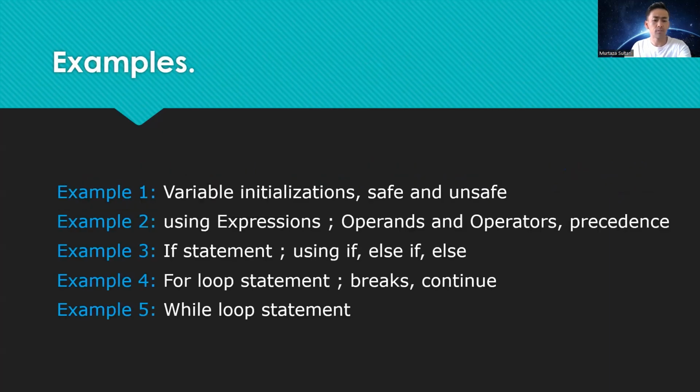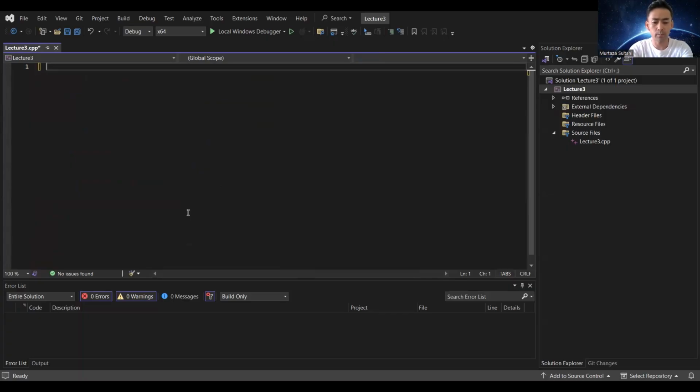Okay, let's go to example 1. In this example, we only use a C++ file. However, you can divide the code into header files and C++ files, and then include the header files in the C++ files.